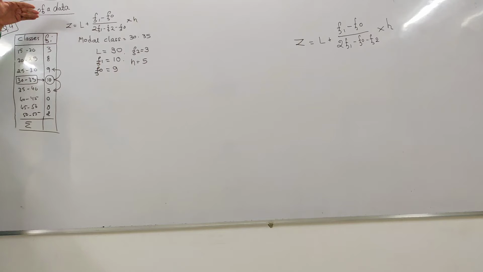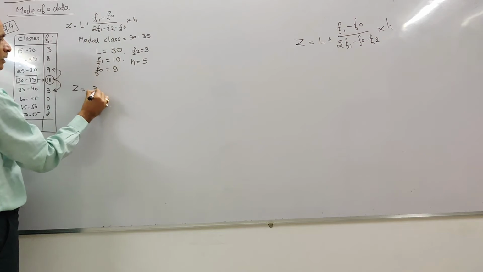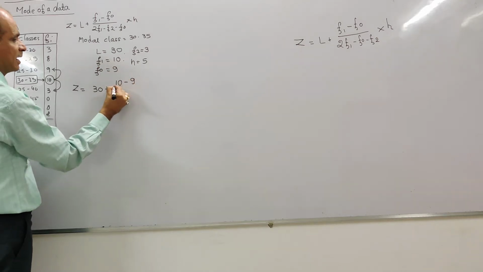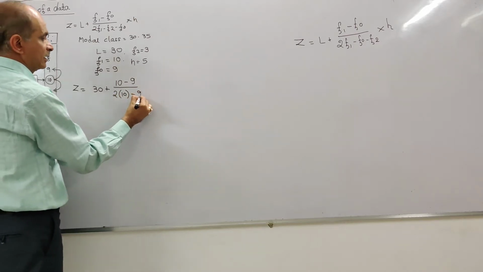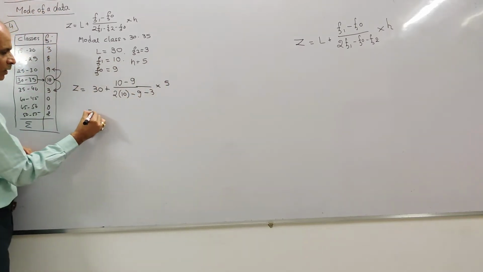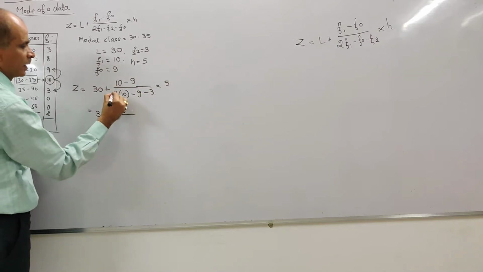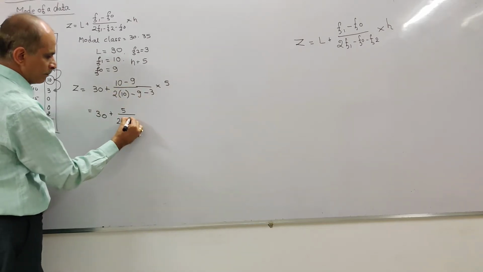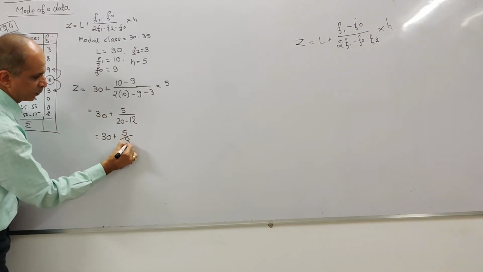Now put in the values and you can easily find the mode, that is Z. So Z is equal to 30 plus (F1 means 10, minus F0 means 9) upon (2 into F1 means 10, minus 9, minus 3) into 5, which is 30 plus (10 minus 9) that is 1, 1 into 5 is 5, upon 2 tens are 20 minus 9 minus 3, that is 12. Hmm, so 30 plus 5 upon 8.